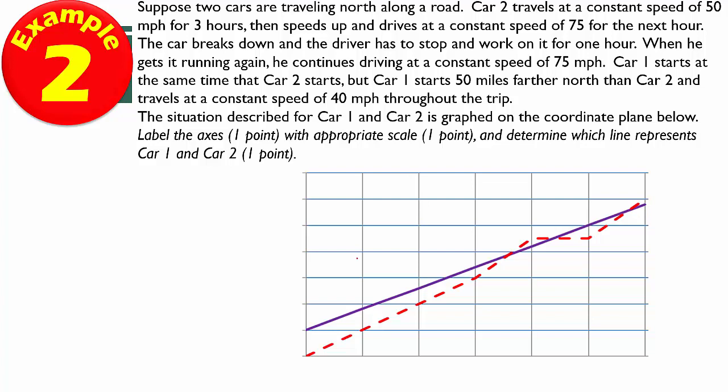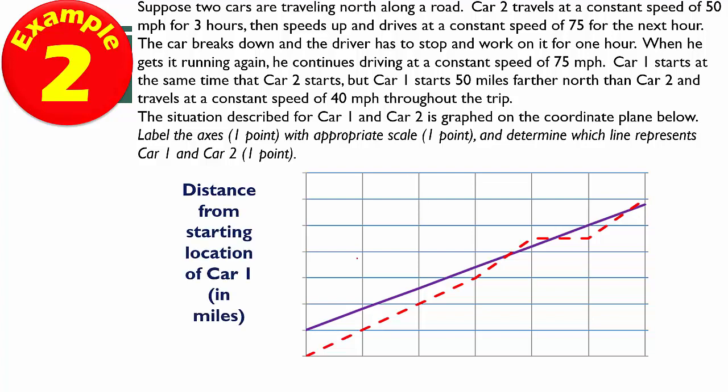We've got this graph below that describes what we just went over, and we need to label the axes with the appropriate scale and determine which line represents car 1 and car 2. So we're going to make the dependent variable the distance from the starting location of car 1, and this is going to be your time in hours, because remember I said that time is always your independent variable.